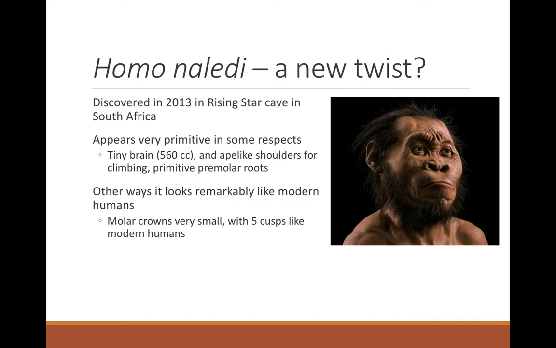Had a very tiny brain, about 560 cubic centimeters, had ape-like shoulders for climbing, had primitive premolar roots, had hands that were indistinguishable from modern human hands, had molar crowns that were small with five cusps like modern humans. So a really interesting mix of primitive and modern characteristics. The dates have now come back for Homo naledi, and it dates to about 200, 300,000 years ago. So, not an ancestral species to modern Homo sapiens, but instead a sister species that persisted until relatively recently.